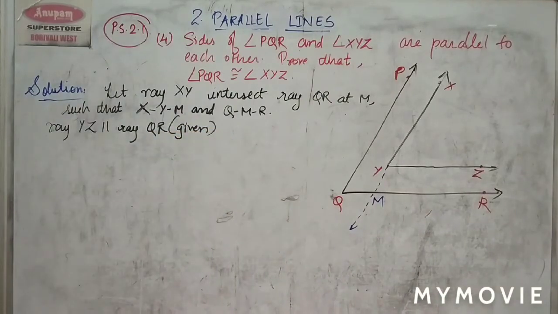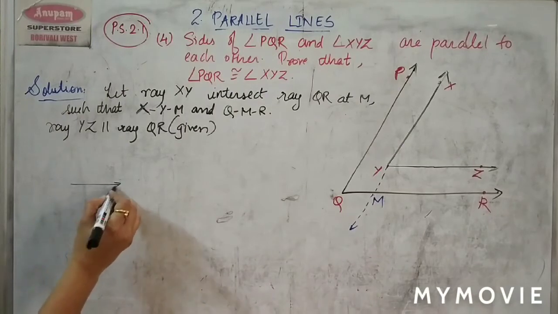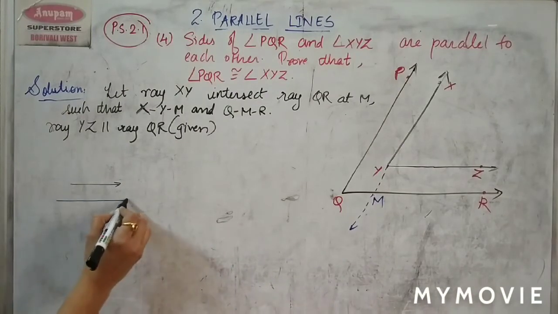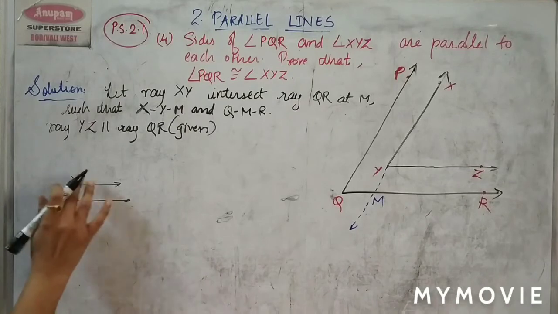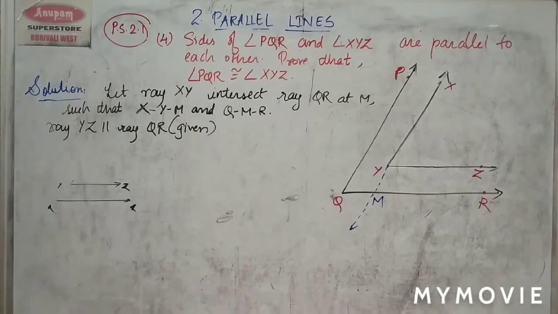After writing this, I am supposed to find out a transversal. Do I have a transversal here, children? See, if I'm talking about YZ, it is like this, and QR is like this. This is YZ and this is QR.